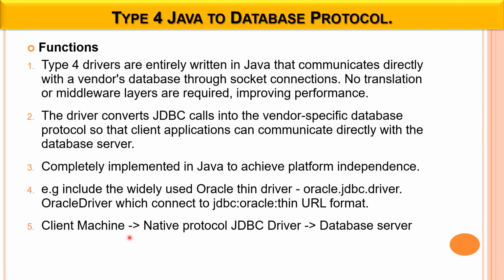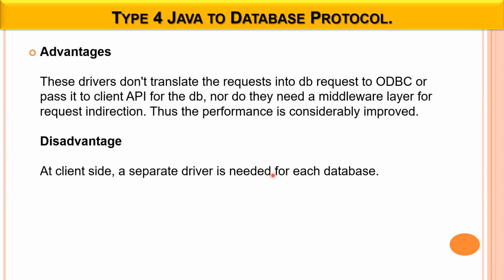The client machine is connected with the native protocol JDBC driver, and the JDBC driver is connected with the database server. So what are the advantages? These drivers do not translate the request into a DB request through ODBC or pass it to a client API for the DB, and they do not need a middleware layer for request indirection.